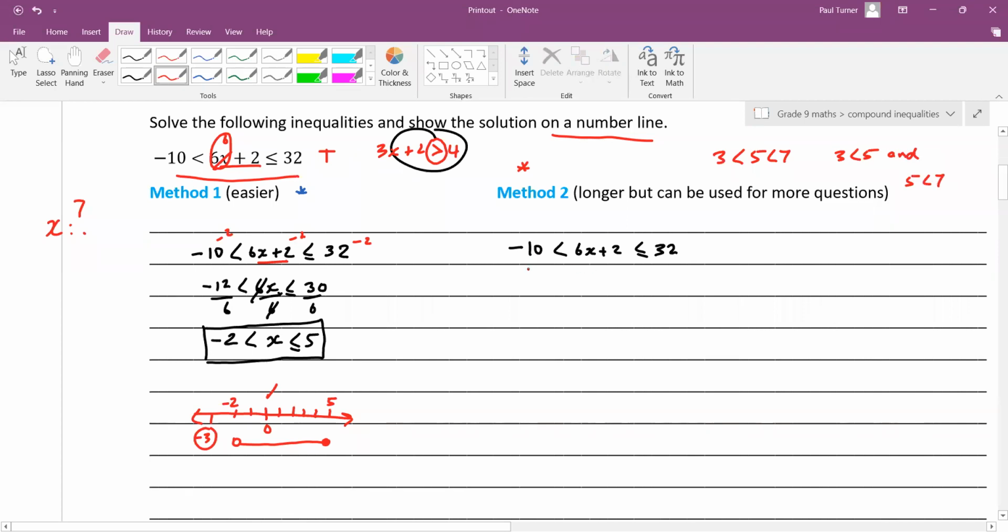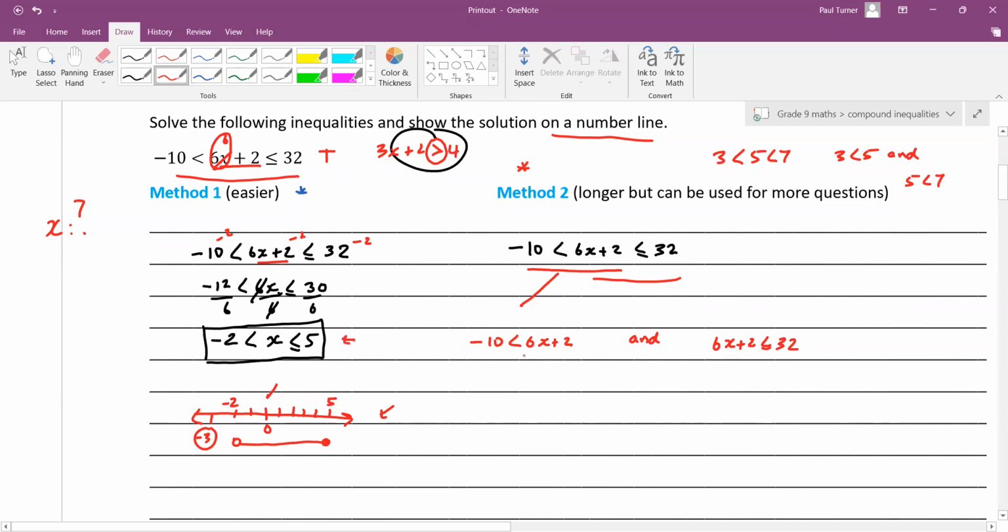So what we do, we split the inequality into 2 parts. So we'll split it to this bit: -10 is less than 6x plus 2 and 6x plus 2 is less than or equal to 32. Like that. So now we solve them separately, but then we'll join them back to this final answer here. We'll get the same answer.